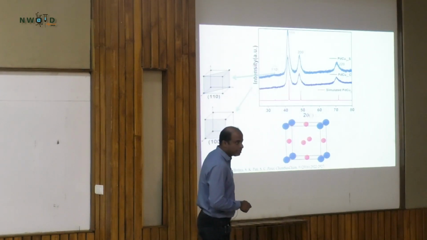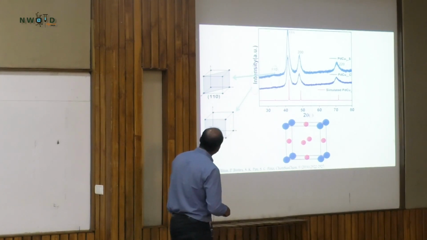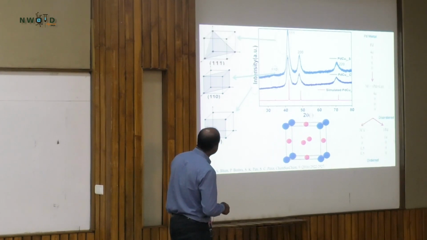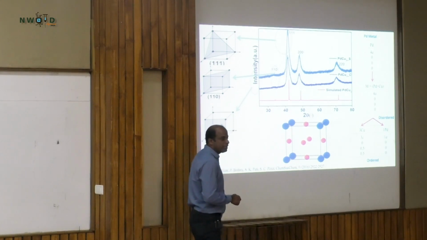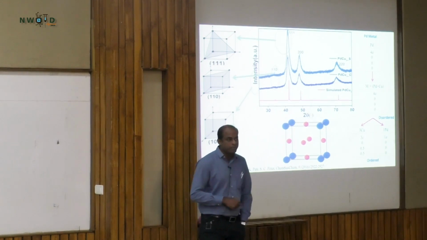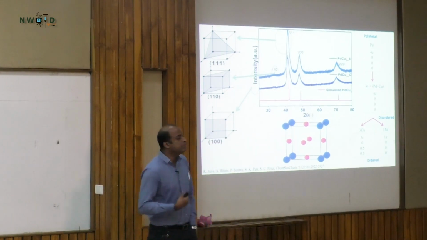To understand that, we have to go to the fundamental chemistry in detail. This plane corresponds to 110 and 100, and this is when it is an ordered structure. You can go into a bit more detail on the structure. Palladium metal has a position only for itself, and when you add copper, it can go to its own position, or it can find itself in different positions.